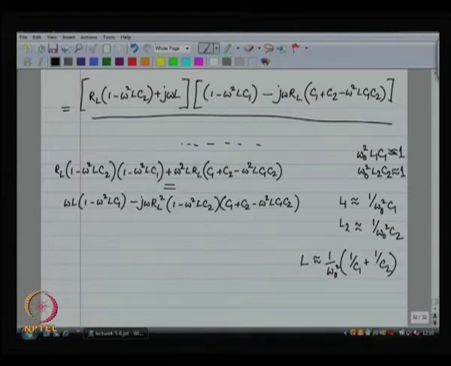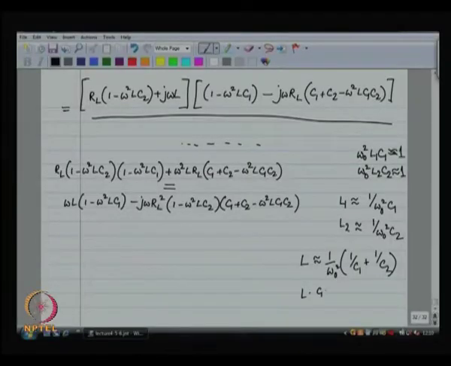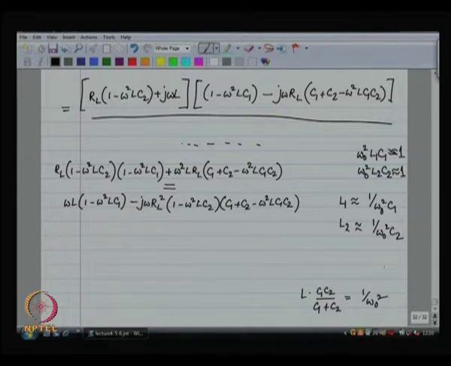So, it is almost like C1 in series with C2 has to resonate with L. Something like this. Of course, assuming that Q is large. Okay? Assuming that Q is large.